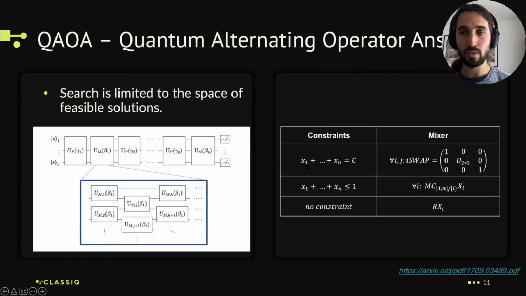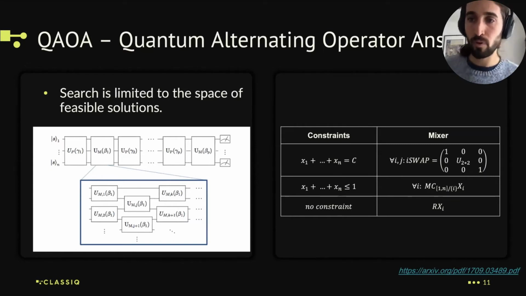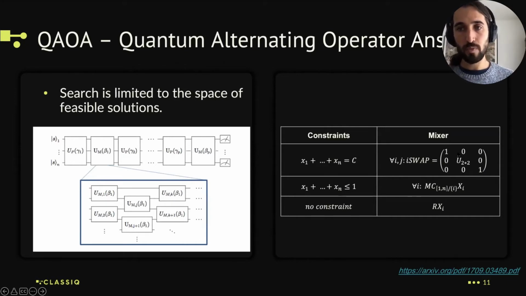Let's say we have an equality constraint, just an arithmetic equality of binary variables, that is, the sum of x1 up to xn equals some c. We can perform iSWAP gates between every 2 qubits, just to swap their values. 0,0 goes to 0,0, 0,1 and 1,0 can swap between them, and 1,1 will stay 1,1. And then we're just going to replace the mixer layer with iSWAP gates. It will mix our solution, but still remain inside the valid subspace.